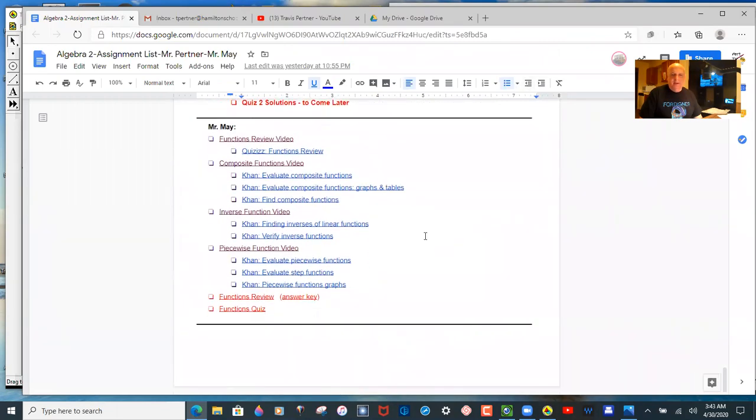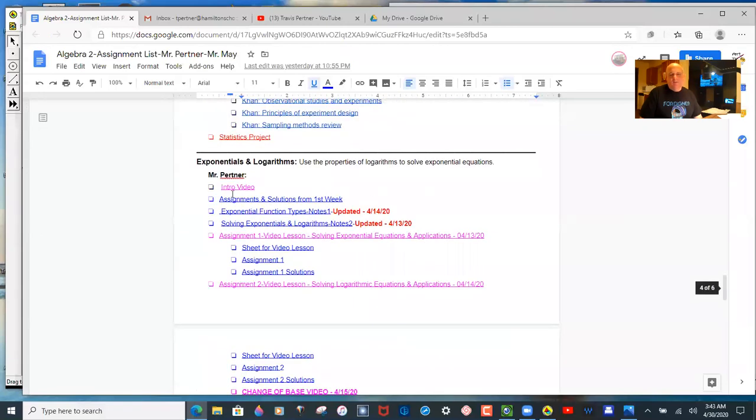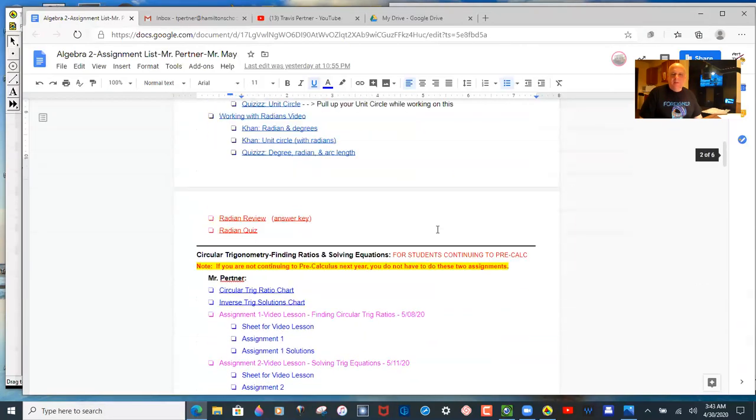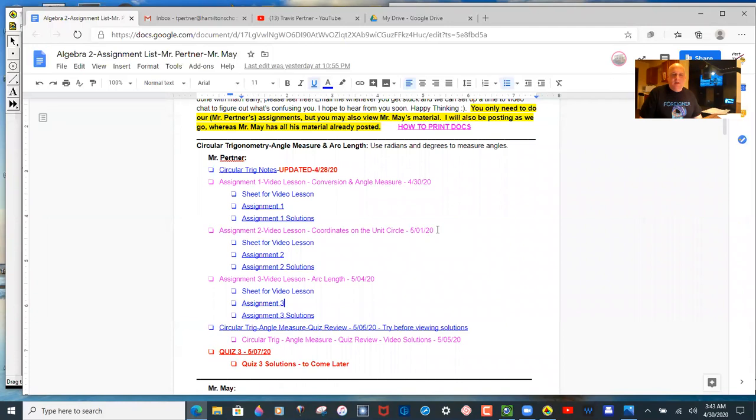You just need to scroll down and tap on what you need, and above that is the exponents and logarithms if you need anything there. Remember that always at the top I'm going to have everything. There are some notes to download, and of course hopefully these video lessons will be done today.